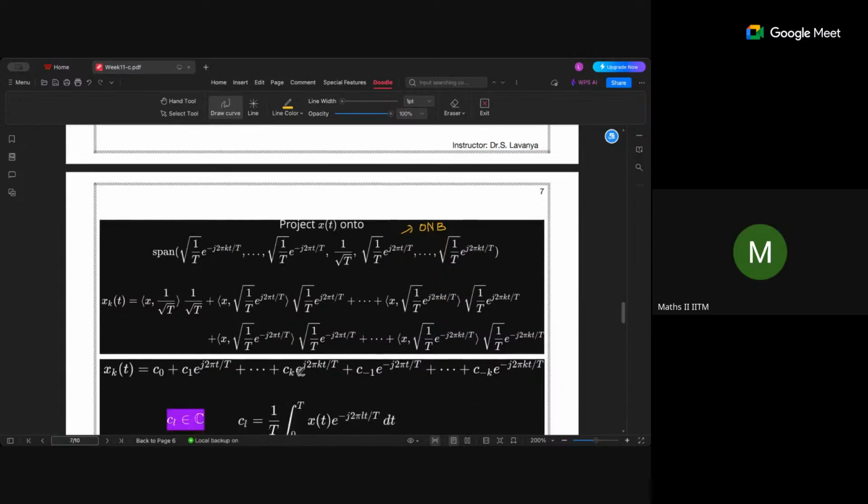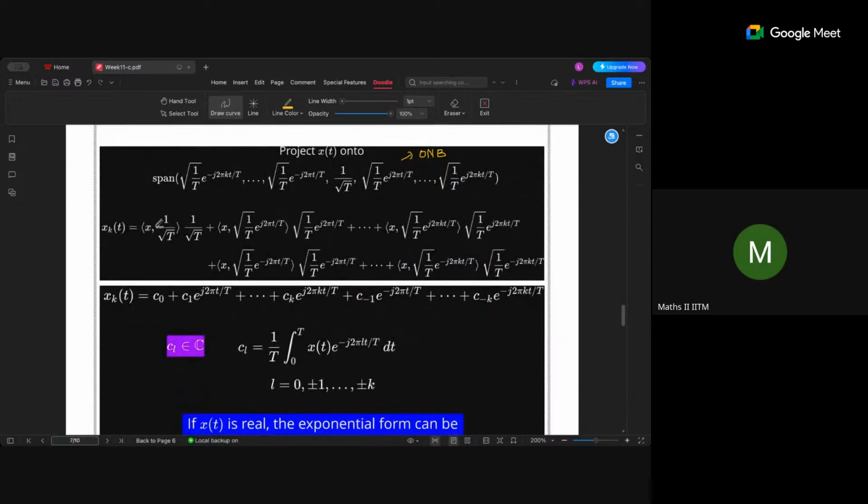Okay, and now the exact same thing here: you see 1 by root T times 1 by root T is 1 by T, and then the remaining inner product of x with 1 is nothing but your c naught, right? So your c naught is 1 by T integral from 0 to T of x of t dt. E power 0 becomes 1, so you have this for L equal to 0.